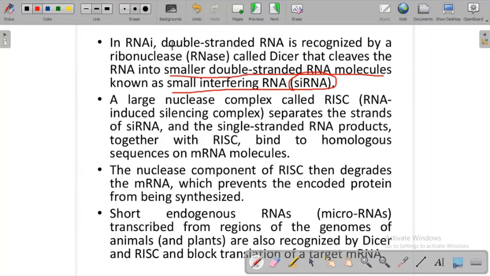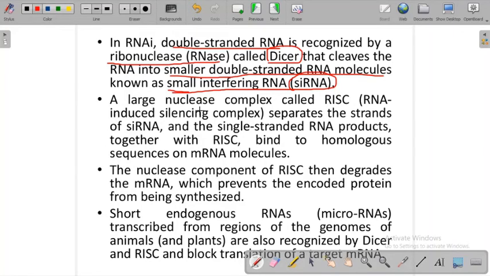Remember this word. So the double stranded RNA is recognized by a type of RNase enzyme called Dicer, which cleaves it into small double stranded RNA molecules, called siRNA.